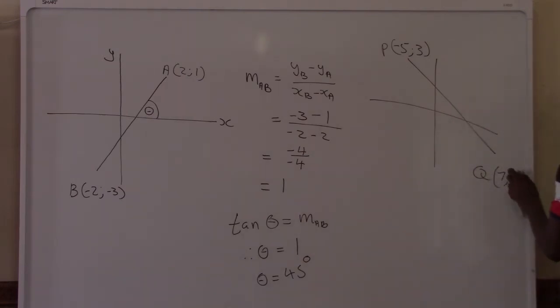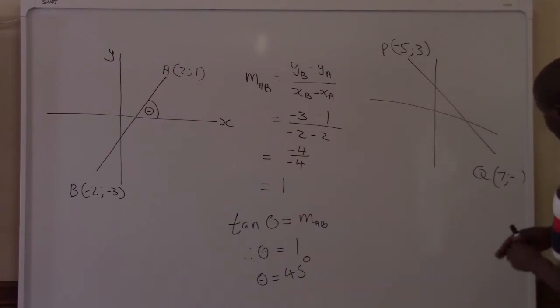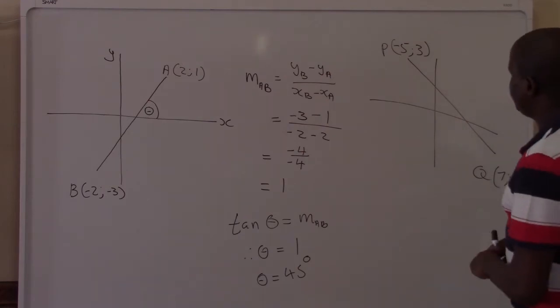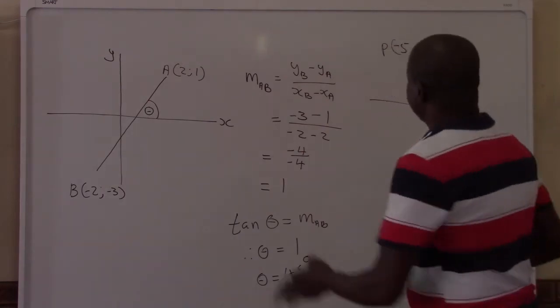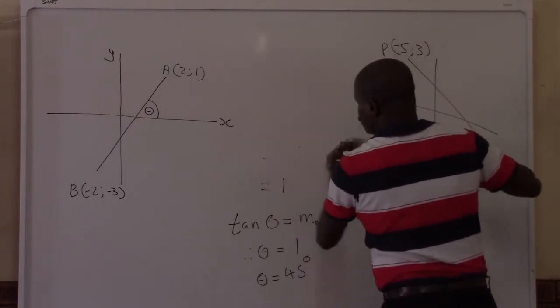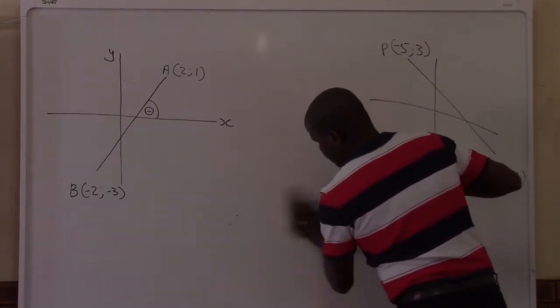Let's make it negative 5. And then again they say to you, determine the angle of inclination for that line.